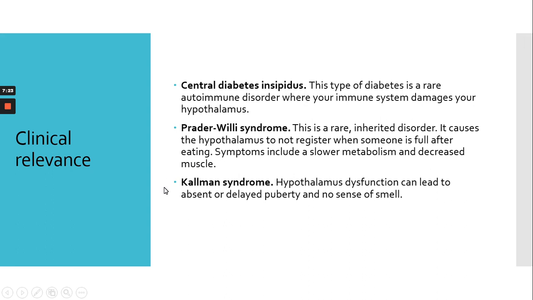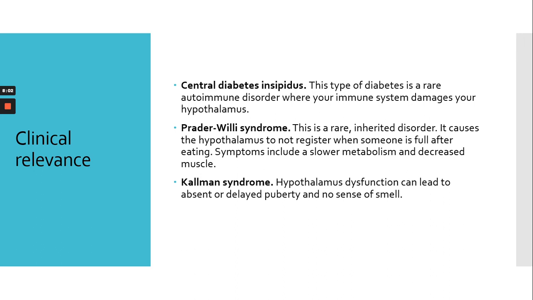Last is the clinical relevance of the hypothalamus, the disorders and syndromes associated with it. So basically the first one and very common one is the central diabetes insipidus. This is a rare autoimmune disorder where the immune system is damaging the hypothalamus, and this results in a lack of ADH hormone, which results in more frequent peeing and more need for water, so increasing the thirst.